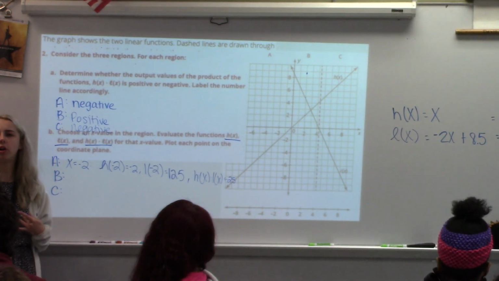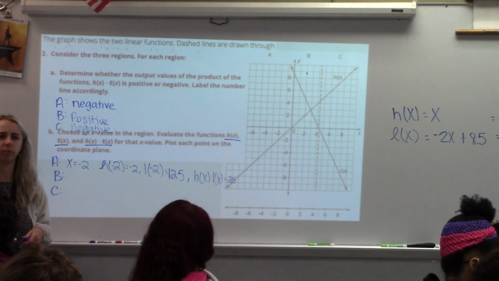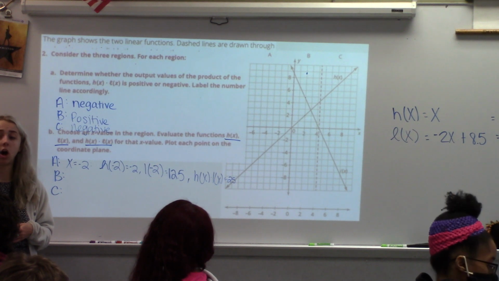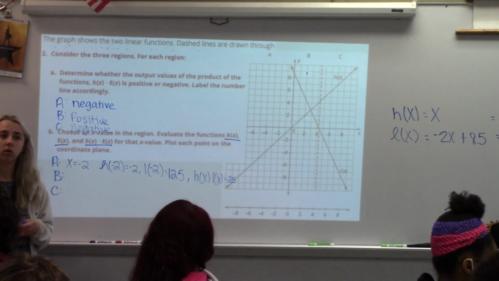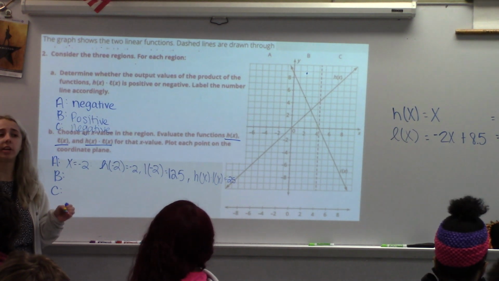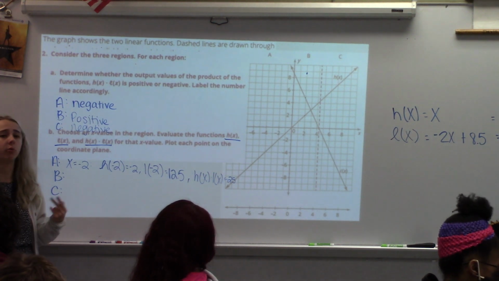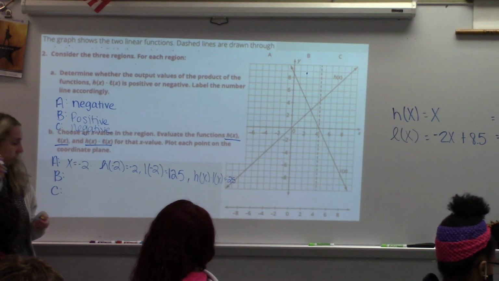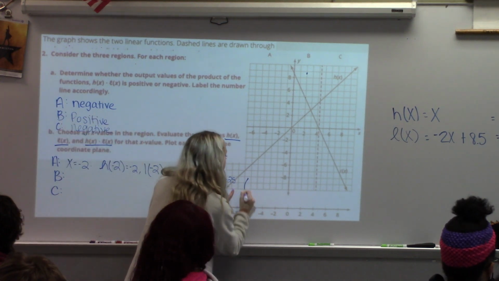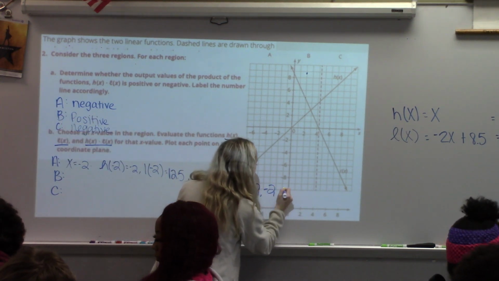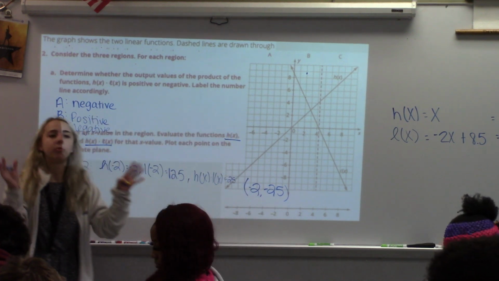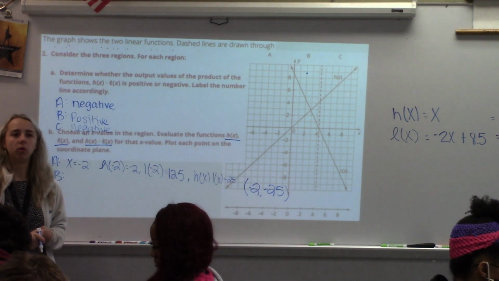Where would I plot a point based off of that information? If I'm plotting a point, then I need a coordinate to put it. I need an x value and a y value. So this point that I'd plot would be at -2, -25.